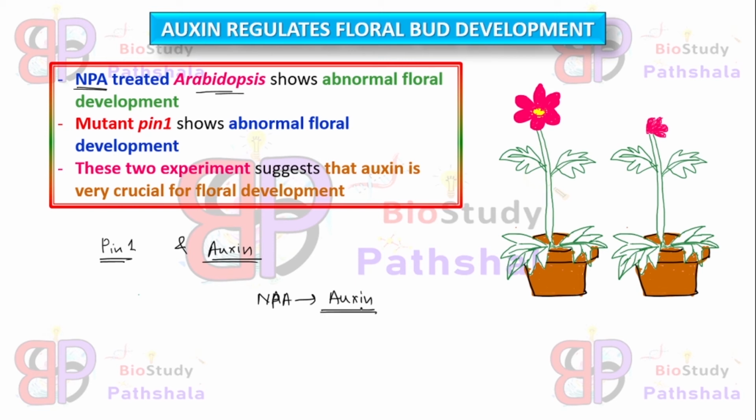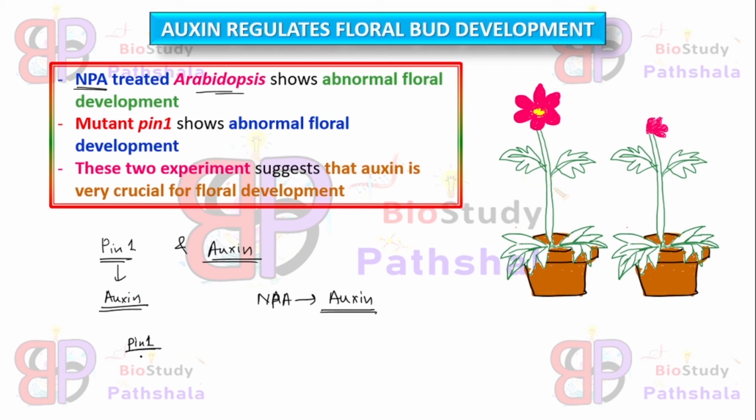That is why the NPA treated Arabidopsis plants show abnormal floral development, and the PIN protein is required for the polar transportation of auxin. We have already learned about the polar transportation of auxin in our previous auxin phytohormone session. So if the PIN protein is mutated, that means PIN protein is not able to transport auxin in a polar way.